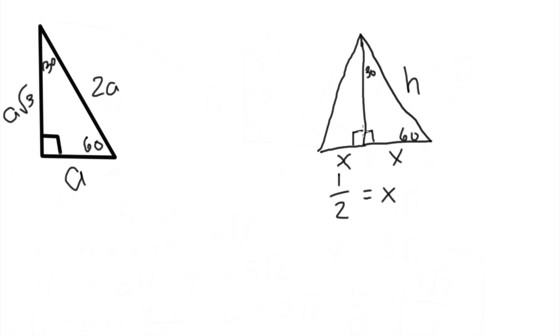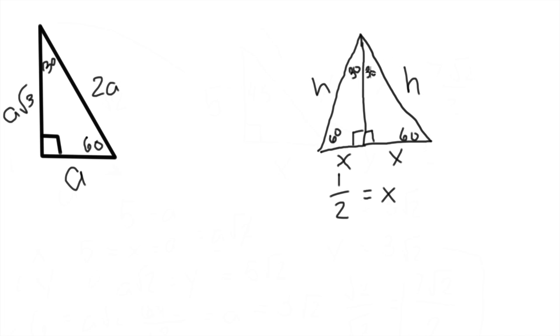This is a right angle. Because these sides are the same, that means this angle also must be 60, and this angle up here must also be 30. So now, if you think about it, right here we have what we can call an equilateral triangle. In an equilateral triangle, all angles are equal and all sides are equal.